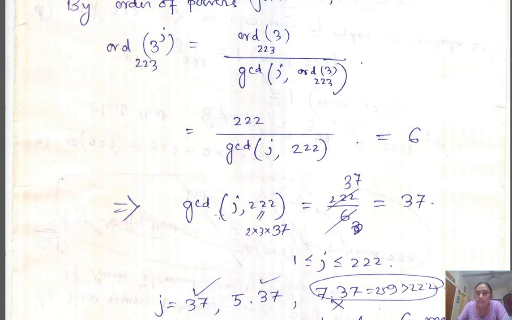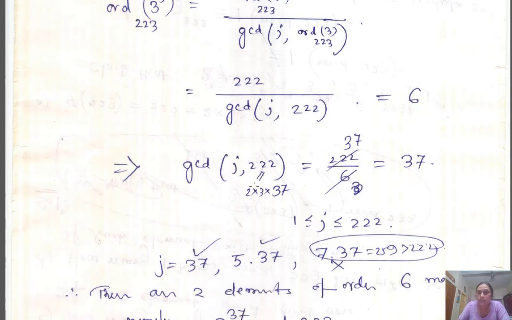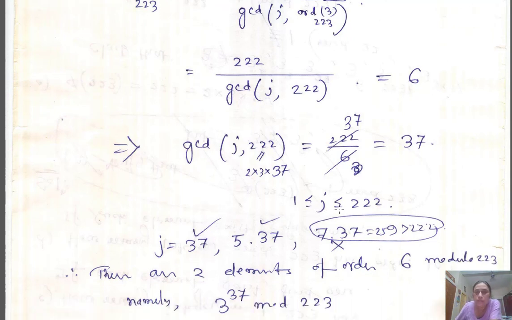This j must be a multiple of 37, between 1 and 222. j is first 37. j cannot be 2 into 37, then GCD is not 37. It cannot be 3 into 37, otherwise GCD will be 3 into 37. 4 into 37, no. Next one is 5 into 37.